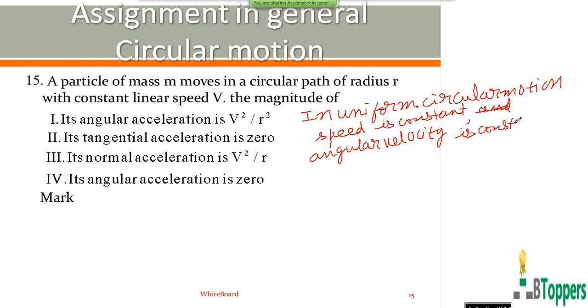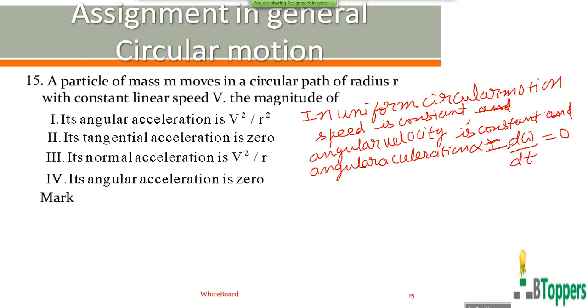That means there is no change in the angular velocity omega. Therefore angular acceleration, denoted by alpha, which is defined as the rate of change of angular velocity, will be 0.